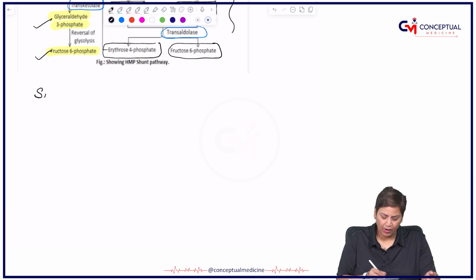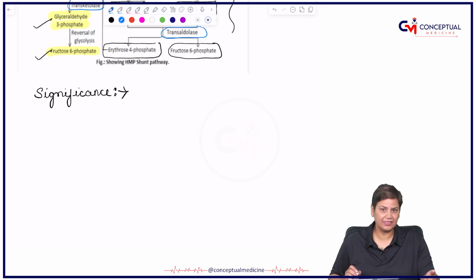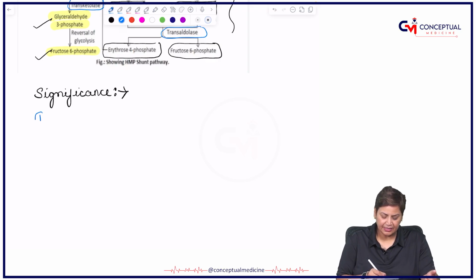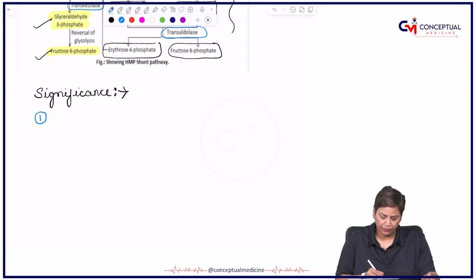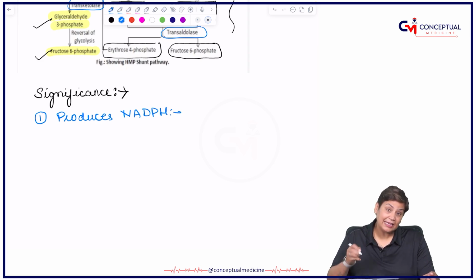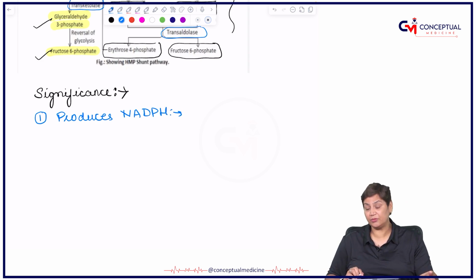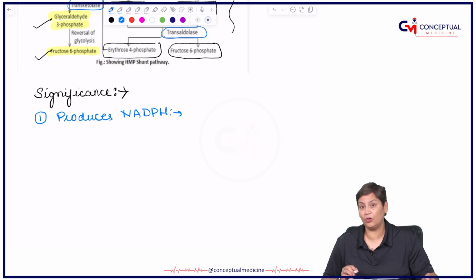If we talk about the significance, as you have seen, it is producing NADPH. So the first important feature of this is it produces NADPH, and you have to remember it as NADPH, not NADH, because if you write NADH, your answer will be wrong.